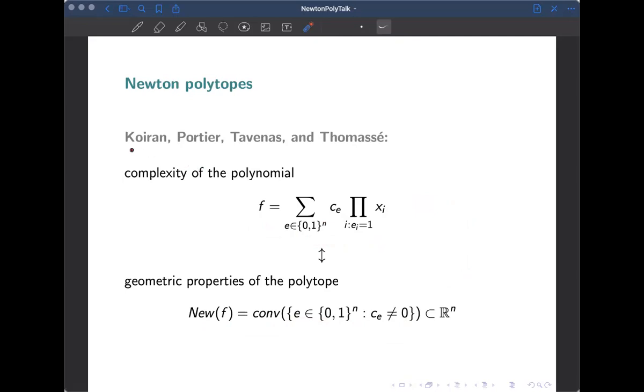And the high-level connection that they suggested is that the computational complexity of this polynomial is related to some properties of this polytope. This is helpful because on this side, we may be able to use geometry to prove things, and hopefully these things will then translate back into the computational complexity world. So this is the high-level suggestion.